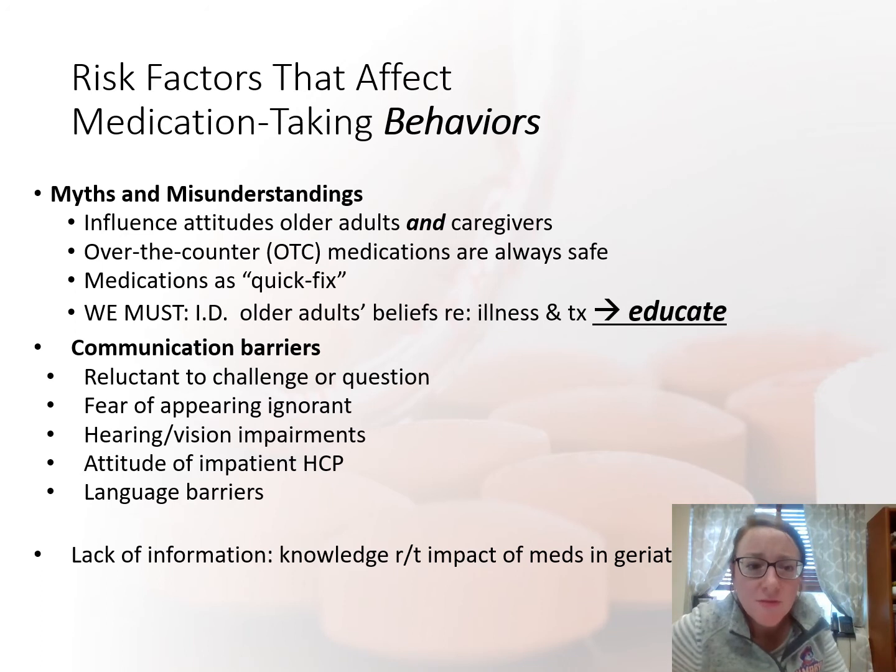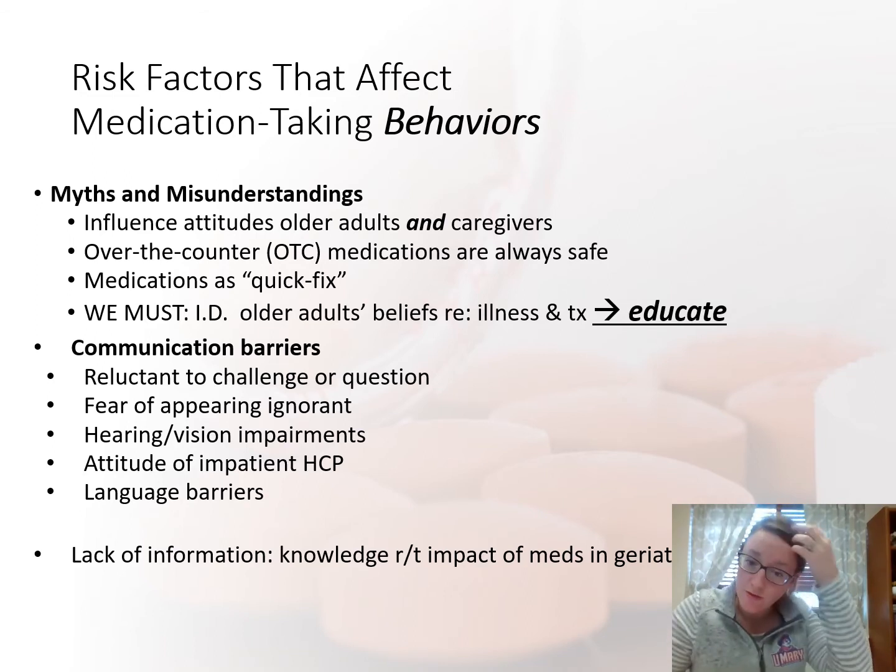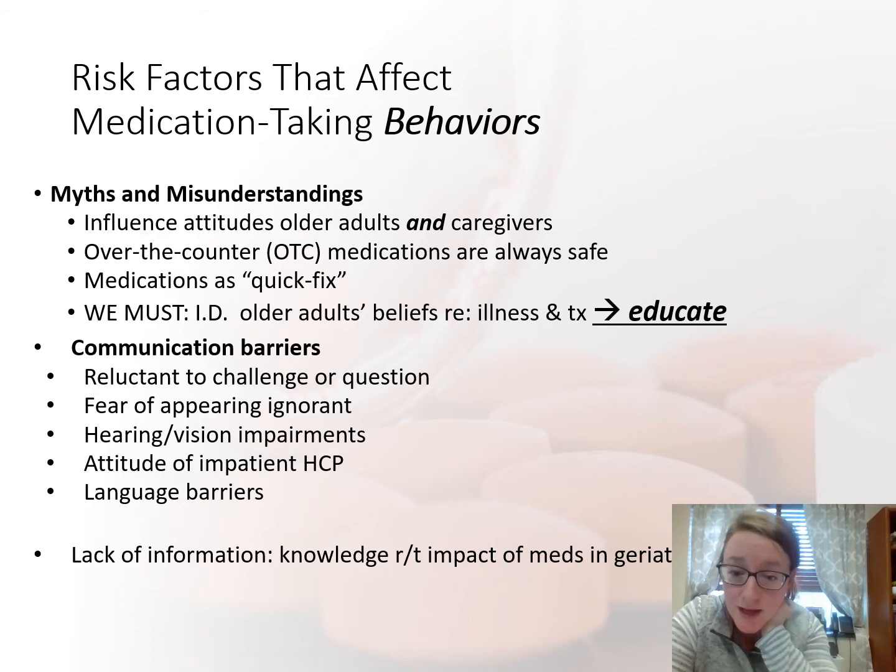So talking about some of these myths, many people think that over-the-counter medications are always safe. That they don't need to be prescribed by a doctor, so I don't need to double check that this is okay for me. When in reality, when we talk about anticholinergic drugs, one of those drugs that's over-the-counter is Benadryl.